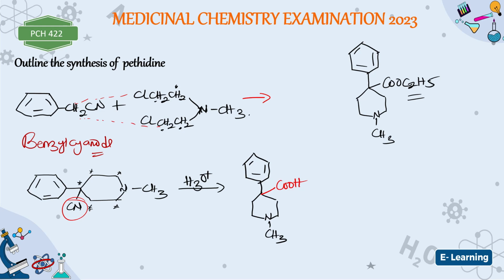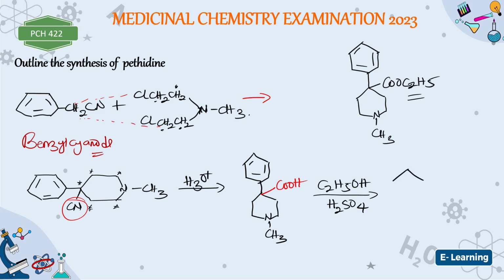Is that okay? Now, to get the ester form of this carboxylic acid, because what you need is the ester, you now react this with what? Ethanol in H2SO4. So you have C2H5OH in what? H2SO4. This will now cause esterification between carboxylic acid and what? Ethanol.